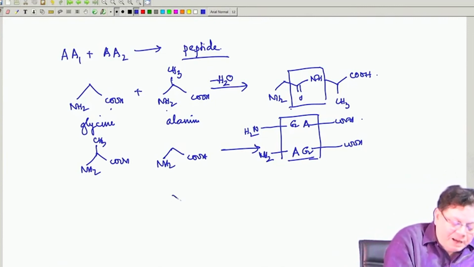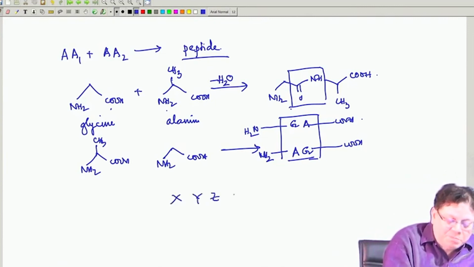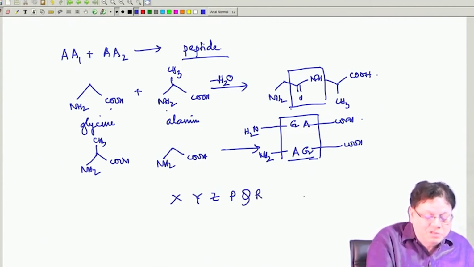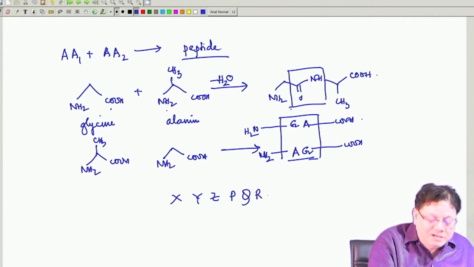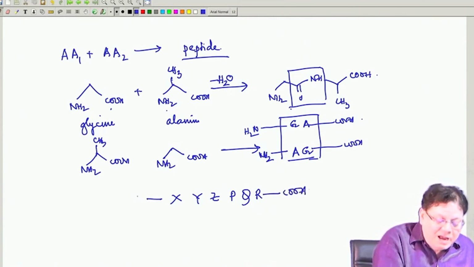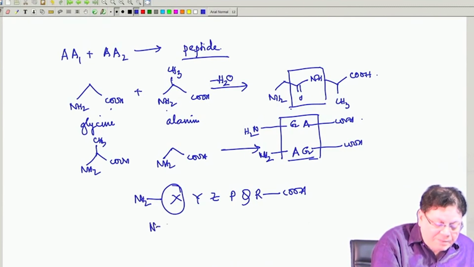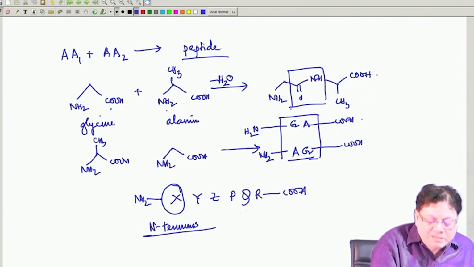That means, if I have amino acids, suppose X, Y, Z, P, Q, whatever, just arbitrary, then immediately it says that this one has carboxy free and this has NH2 free, and this will be called the N-terminus amino acid, and this is the C-terminus amino acid, the C-terminus or the carboxy terminus.